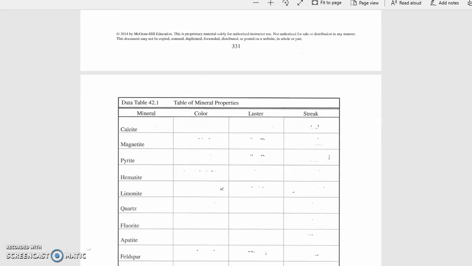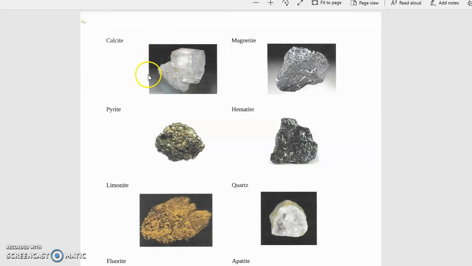Calcite is this material right here. In terms of color, it's a light pink color. It's sort of vitreous, kind of dull. When you look at a streak of this, it is actually white.